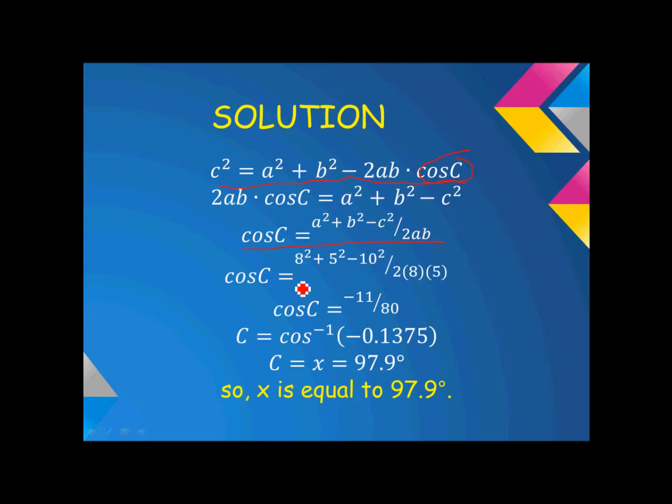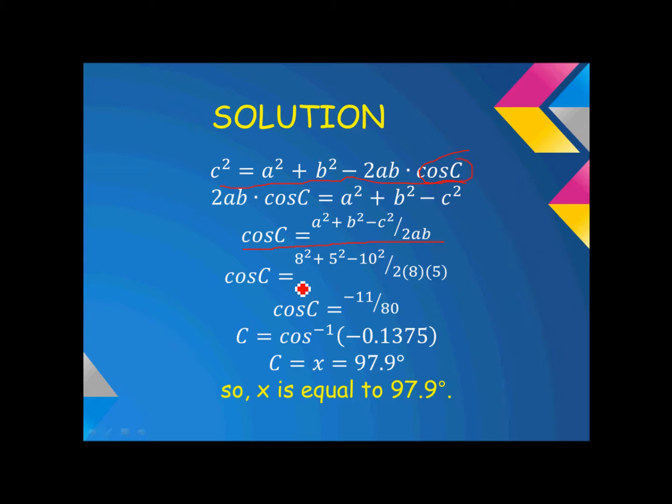Then substitute it. Cos C is equal to 8 squared plus 5 squared minus 10 squared all over 2 times 8 times 5. So cos C is equal to negative 11 over 80.